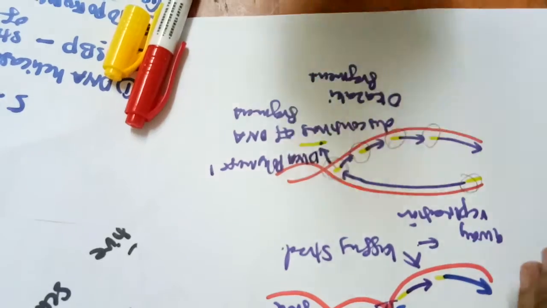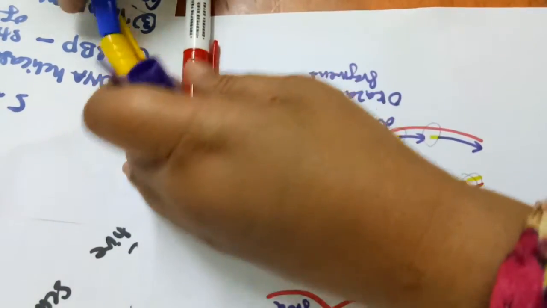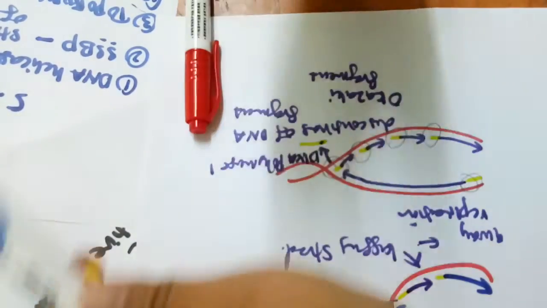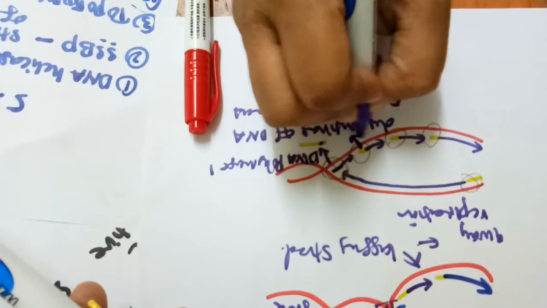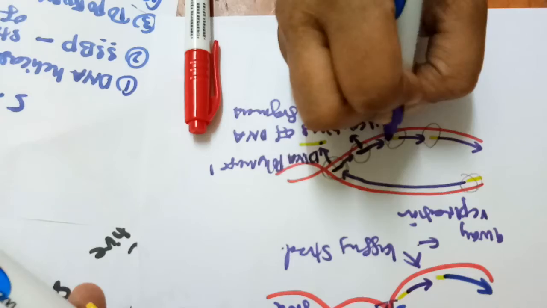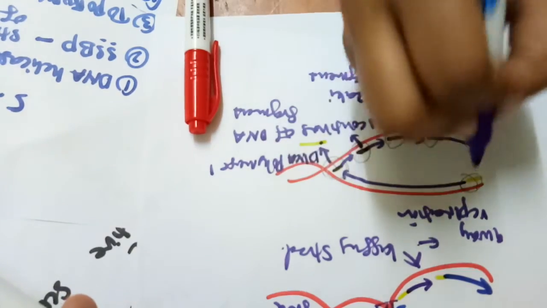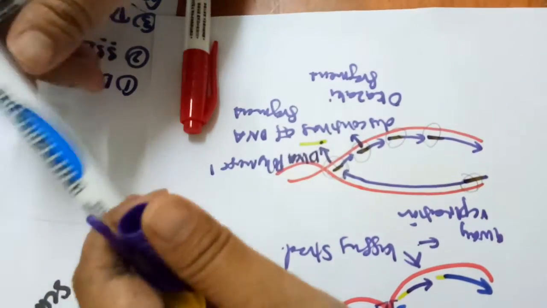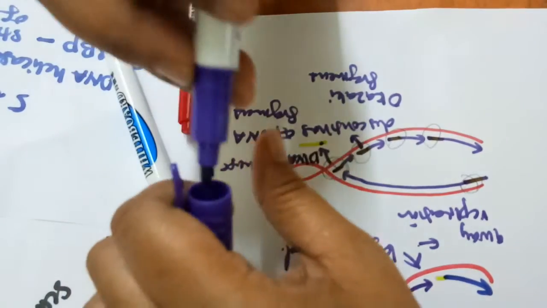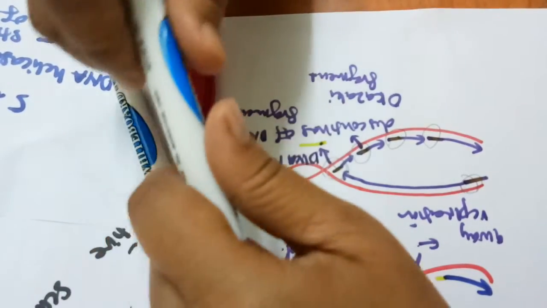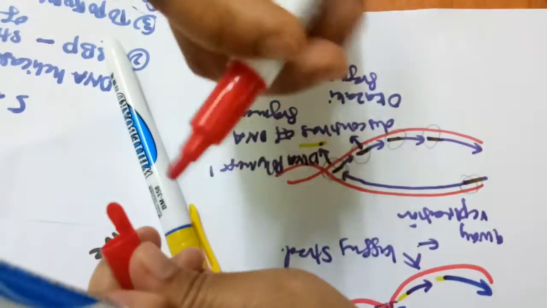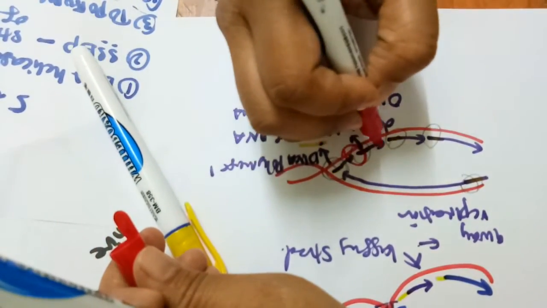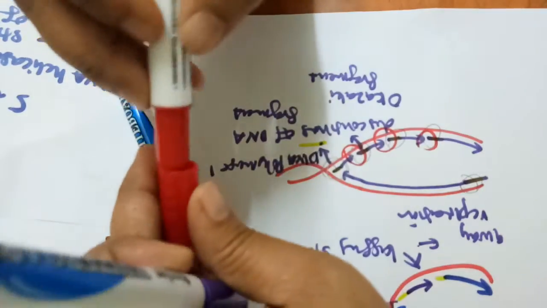Okay, they remove the RNA primer and they will replace it with the DNA. Okay, and then these short fragments, these short Okazaki fragments, will be joined by the DNA ligase.